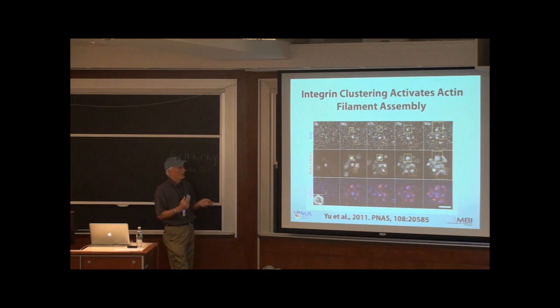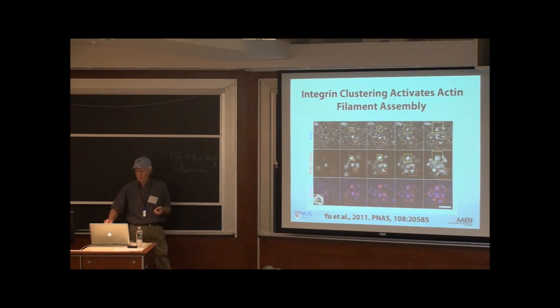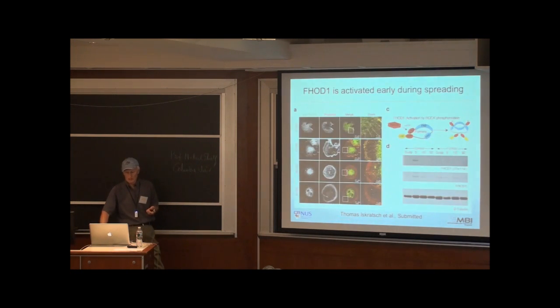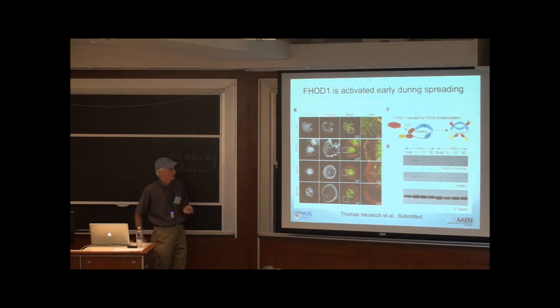And this also begs the question of how you get this actin polymerization. We could inhibit that with inhibitors of formin. Turns out one of the postdocs in the lab had worked on formins before and had constructs for FHOD1.